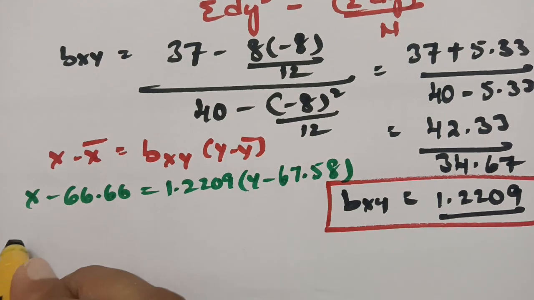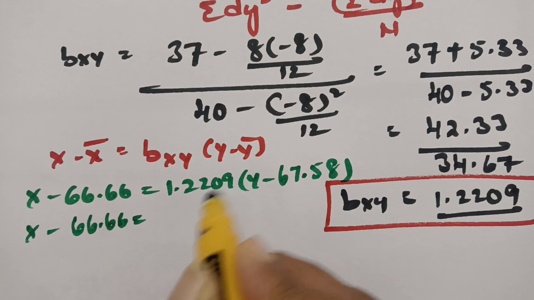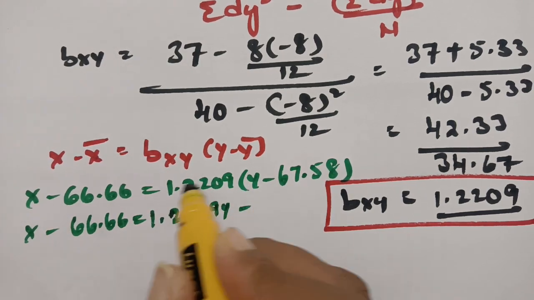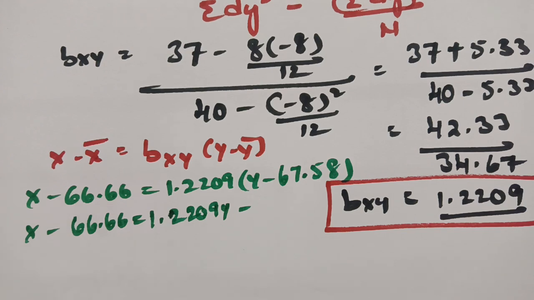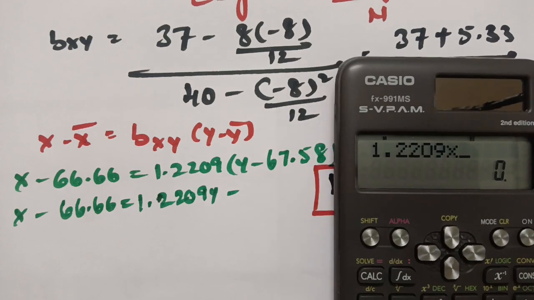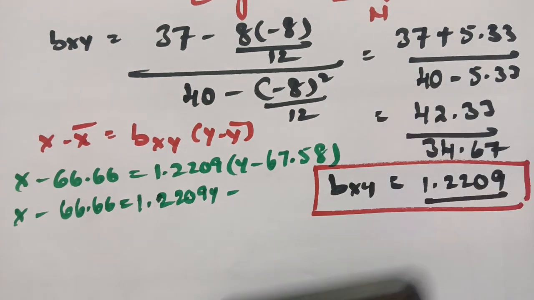If you multiply further, this is x minus 66.66 is equal to 1.2209 into y minus 67.58. So if I multiply both, this will be 1.2209 into 67.58. The value here is 82.50.